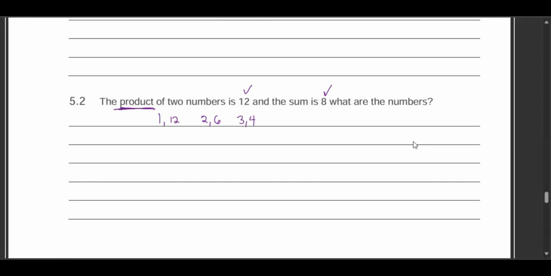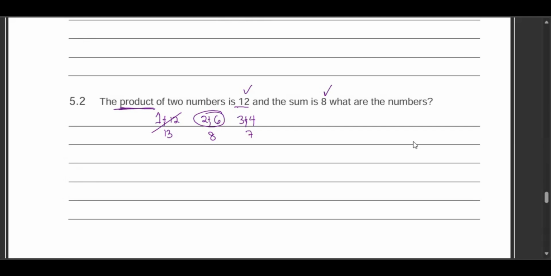None. So when I multiply these ones, all of them, they give me 12. But then when I add this, it gives me 13. That means it's out. When I multiply these two, they give me 12. But when I add them, I get 8. Wow. So these are the values. Because when I add these ones, they give me 7.